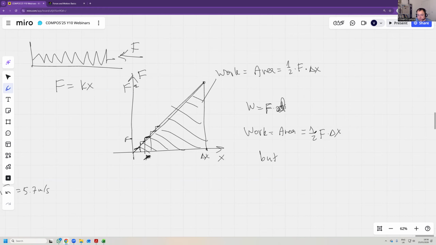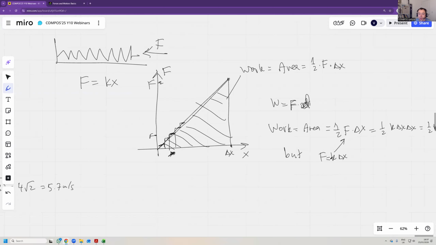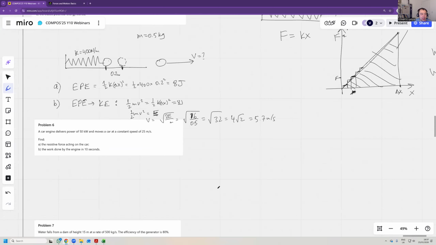And if F is k delta x, we substitute that in, which gives 1/2 k delta x squared. I hope that answers your question.